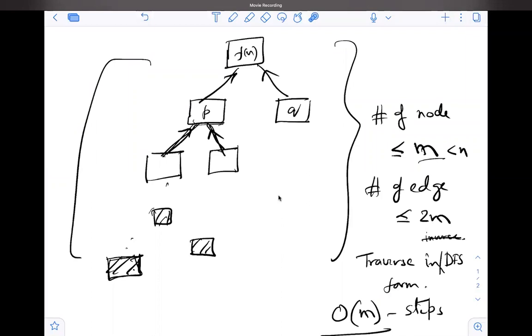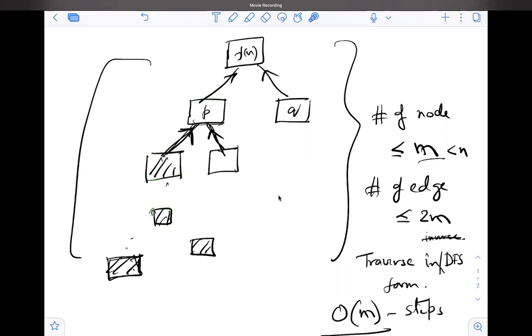There can be multiple topological sorts, but you have to do it in one topological sort order. The edge is basically saying that you should solve this node before you solve this one. So the question is how will you do it.